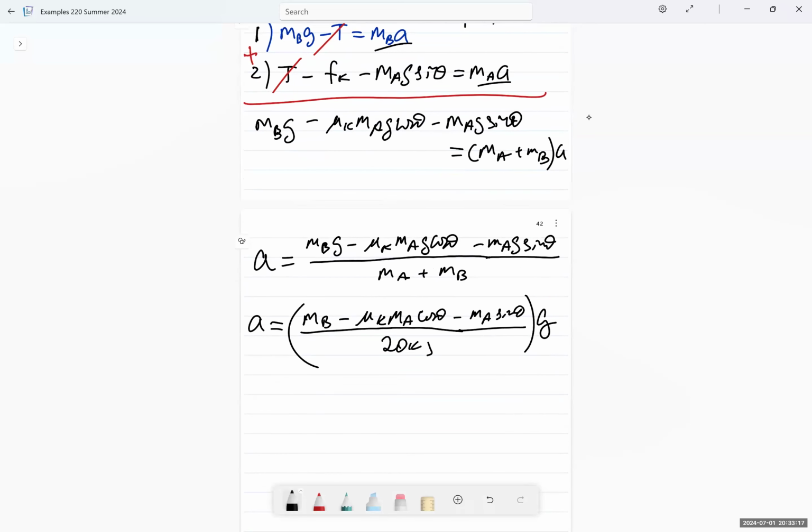So we can look at it as a fraction of g. Calculating: 10 plus 0.3 times 10 times cosine 37, minus 10 times sine 37, divided by 20. I got 0.08 g, which means 0.77 meters per second squared. So that will be the acceleration of the system.